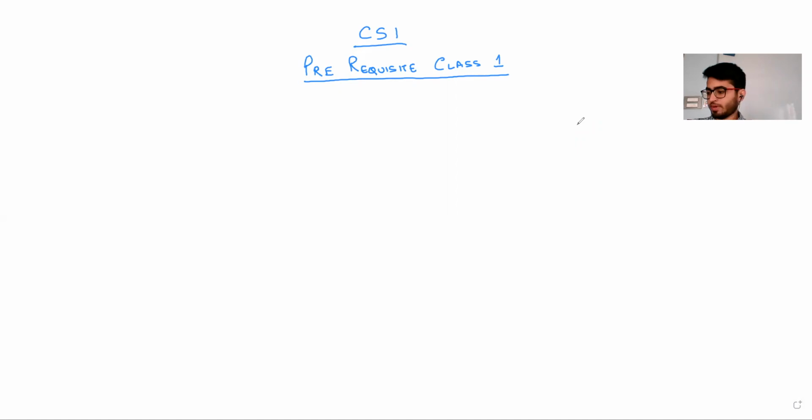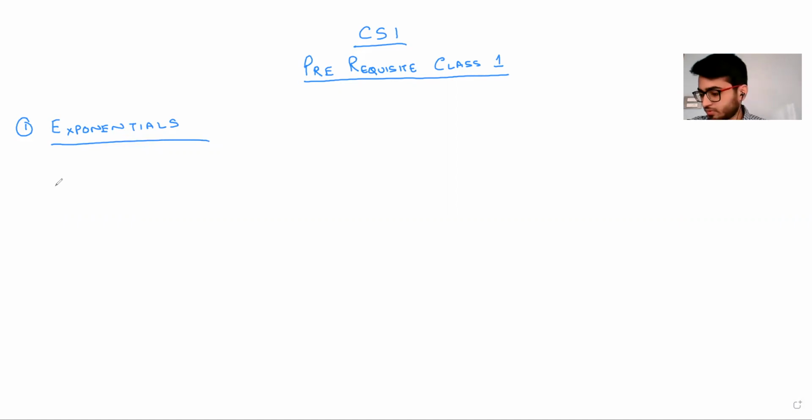So there are different topics which I'm going to cover. The first thing which I'm going to start with is exponentials. So we would be looking at a few basic properties of exponentials.